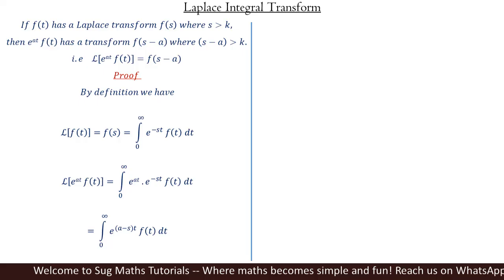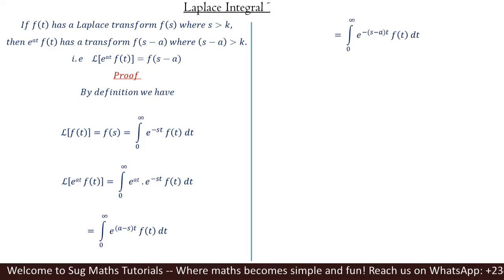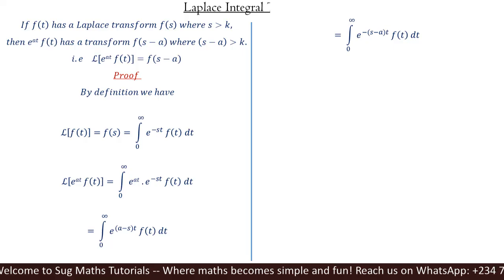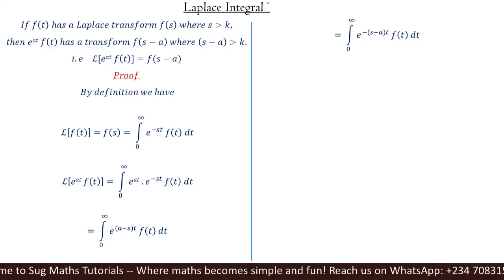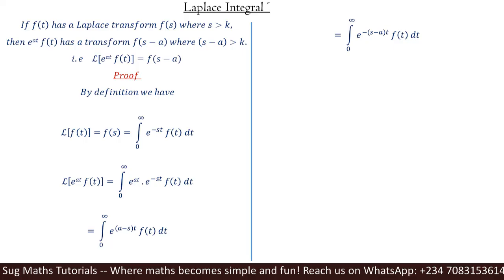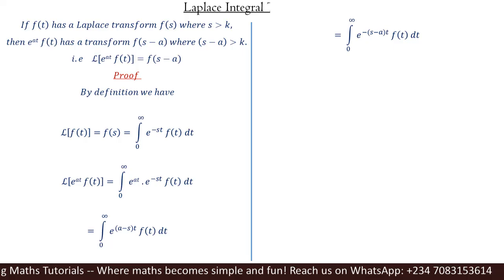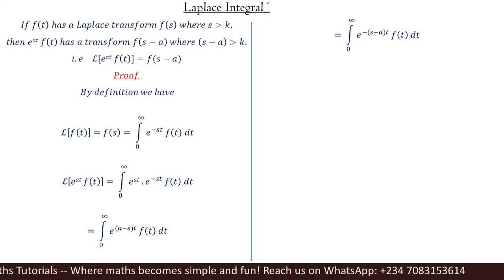We are going to rearrange this exponent, meaning we are going to have minus open bracket s minus a close bracket t. Now, if you take a close look at this, you will agree with me that it is the same as the above. So we have not done anything magical here, okay? So take a look at this. It's just a rearrangement, okay?